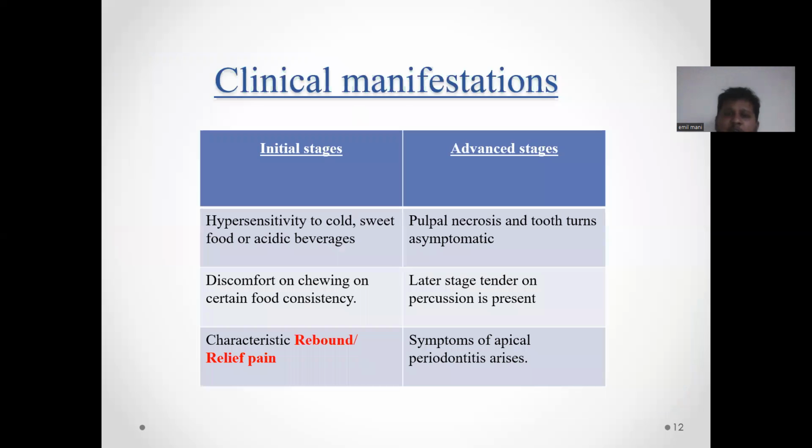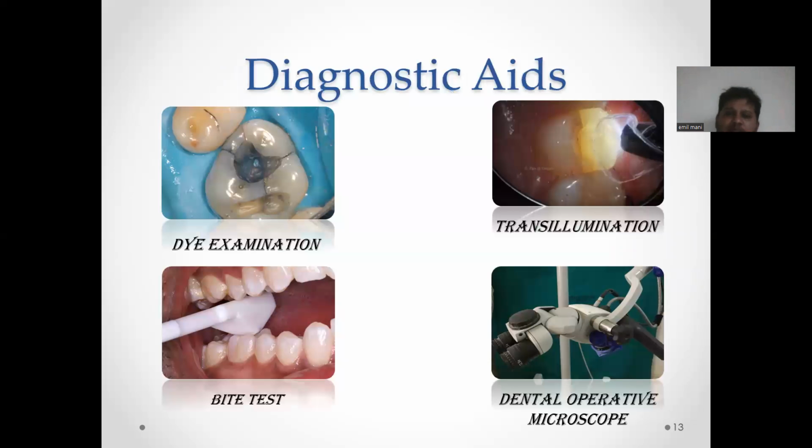If you check the clinical manifestation, initial stages include hypersensitivity to cold, sweet food, and acidic beverages, discomfort on chewing on certain food consistency, and we'll get the characteristic rebound or relief pain. Whereas in advanced stages, it includes pulpal necrosis and tooth turns asymptomatic, and later stage tender on percussion is present. Symptoms of apical periodontitis also arises.